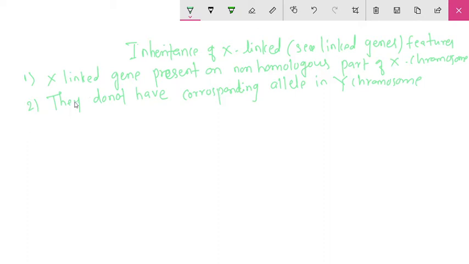So the first feature is that X-linked genes are present on the non-homologous part of the X chromosome. Suppose it is the X and the Y chromosome.